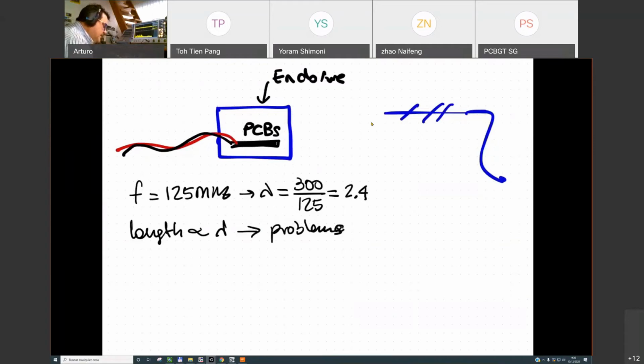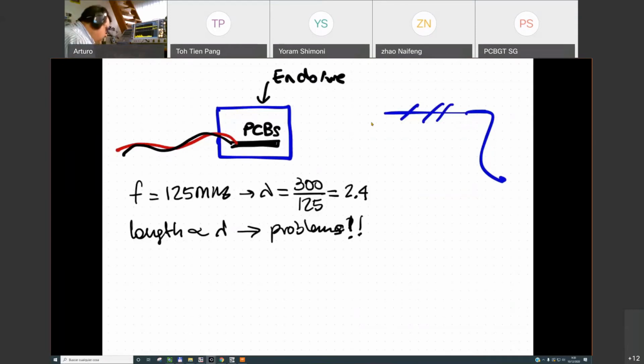that means that to avoid problems, you need to work with things that are smaller than lambda. How much smaller than lambda? Typically, you can use lambda over 10 or lambda over 20.